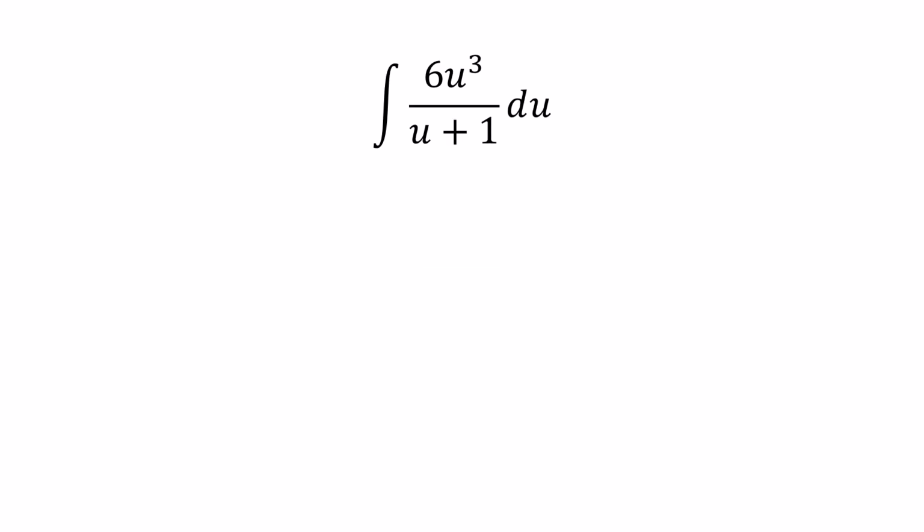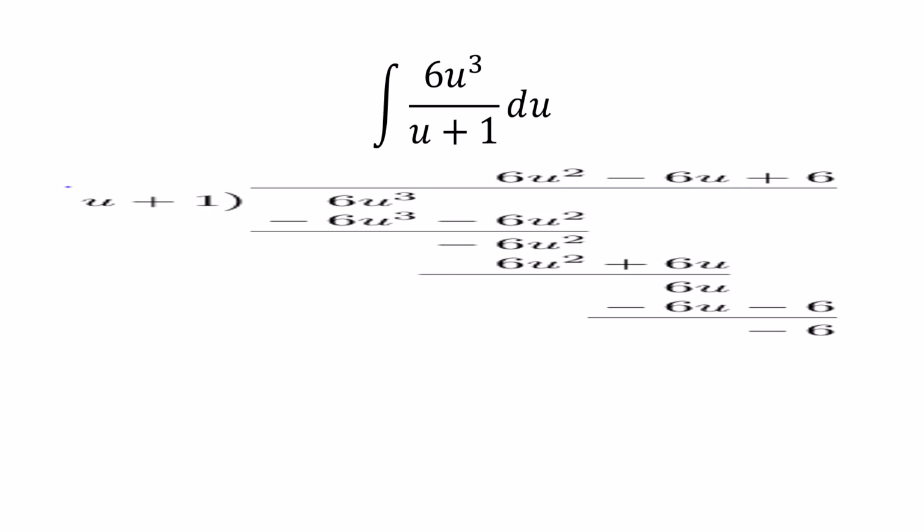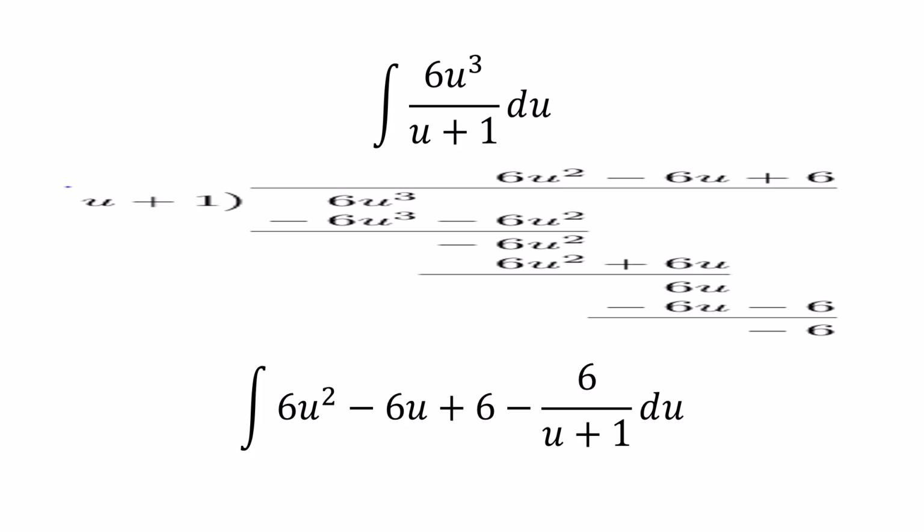Next, we use polynomial long division to get, hence our integral is the integral of 6u squared minus 6u plus 6 minus 6 over u plus 1 du.